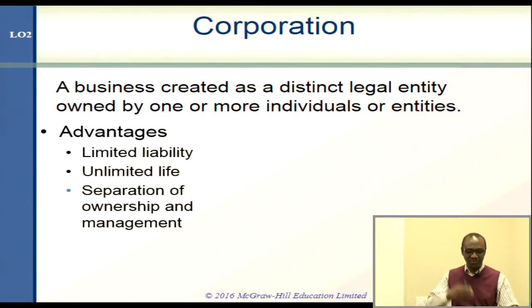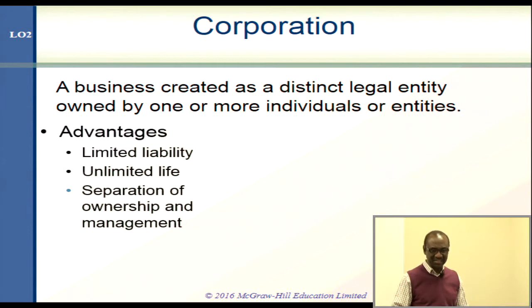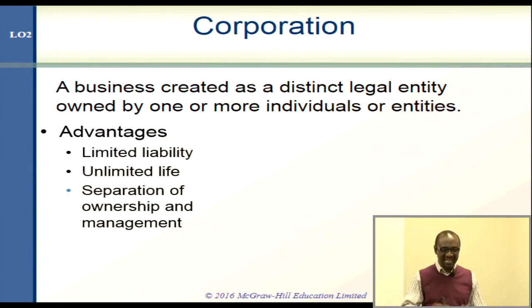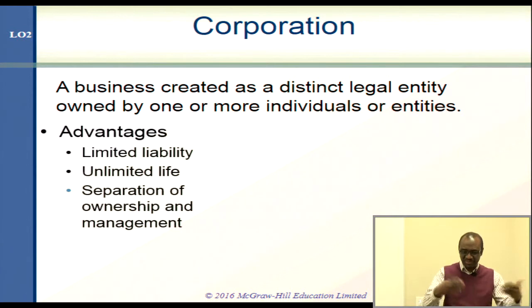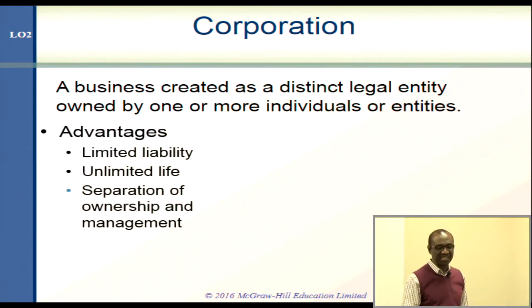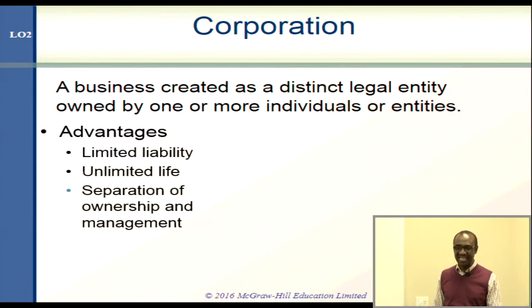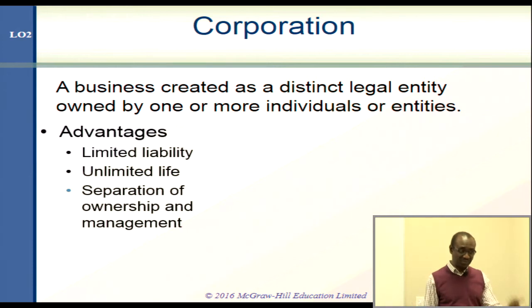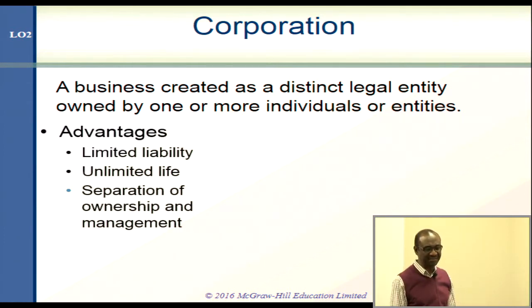The owners provide the funds to run the business, whereas the management run the business, and they provide what we call stewardship to the shareholders or owners on a yearly basis, which is represented through financial statements presented to the members in an annual general meeting called AGM, at which point financial statements are tabled before the shareholders. So these are some of the advantages.